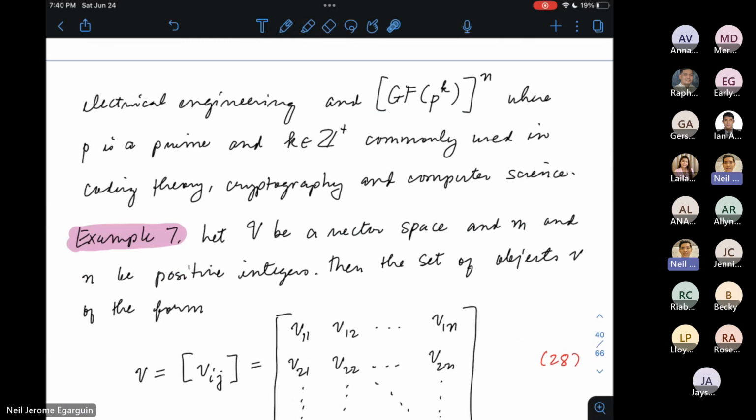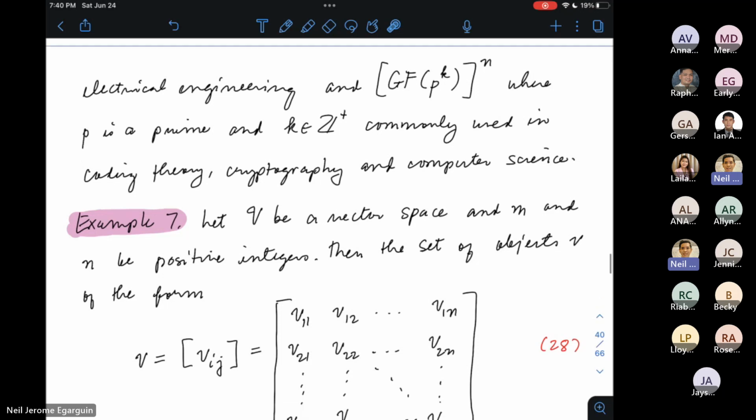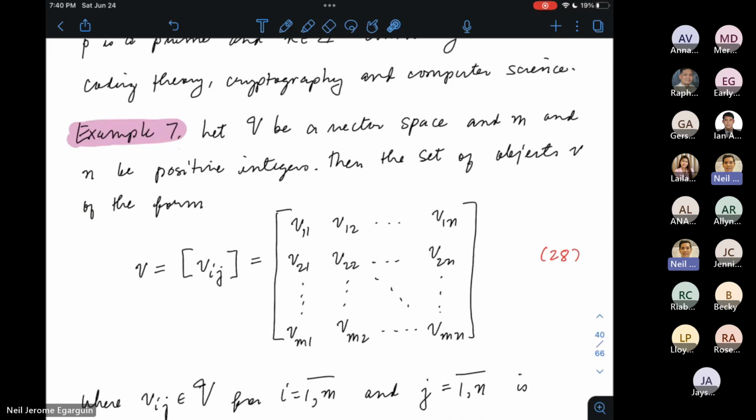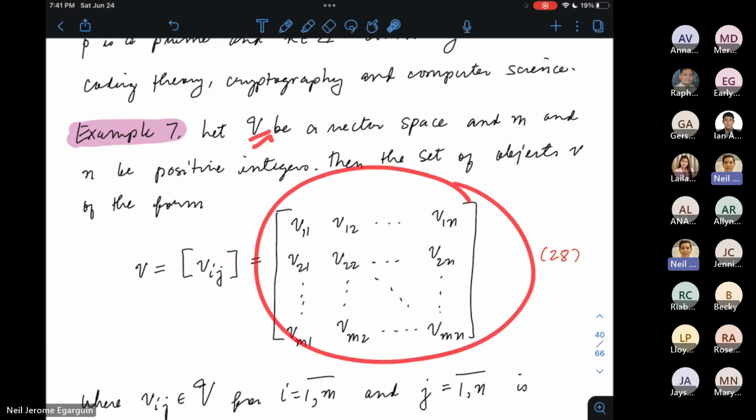And then, next example ng vector spaces ay set of all matrices. So, ganito ko siya i-define kung ano yung mga matrix. Kukuha ako ng isang vector space. Kita nyo, pinapalaki ko lang ng pinapalaki yung examples ng vector space natin. Tapos, i-arrange ko lang yung mga elements ng vector space na yon in a rectangular array.